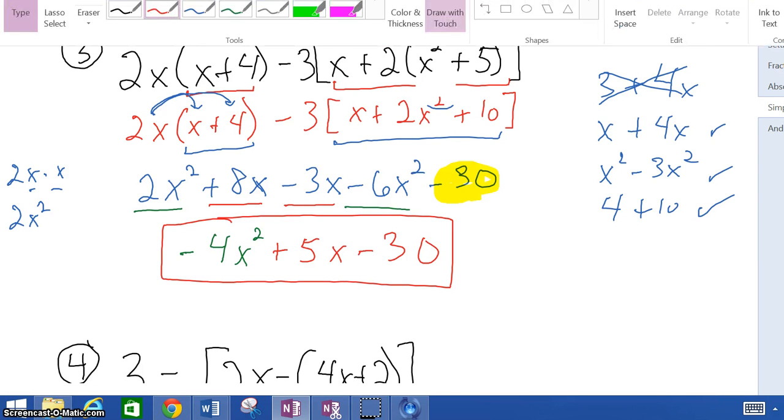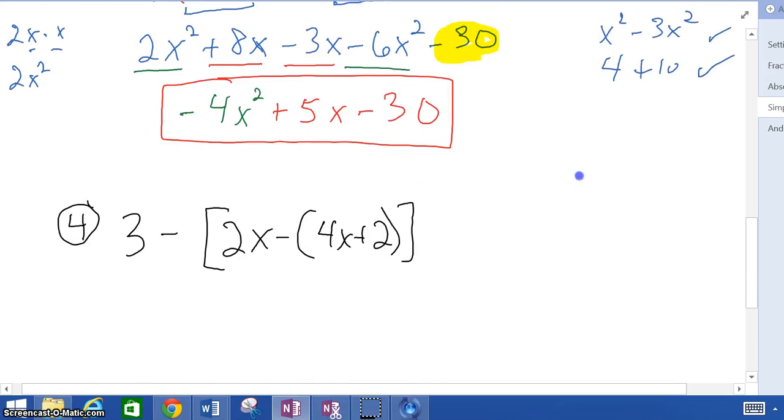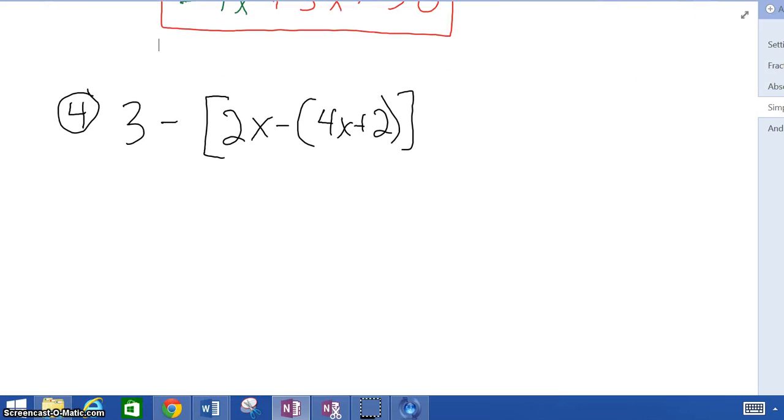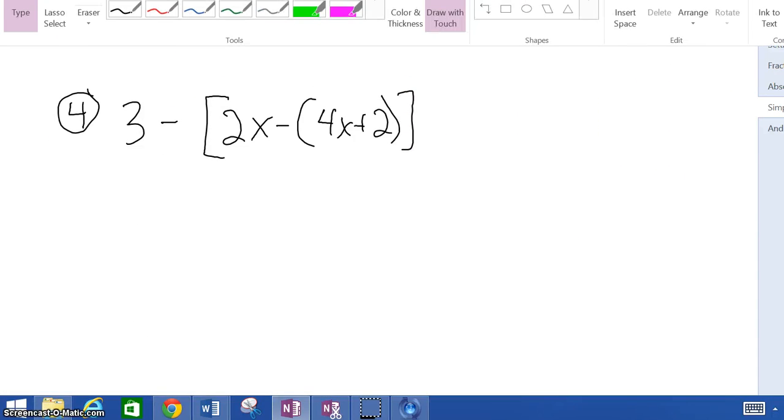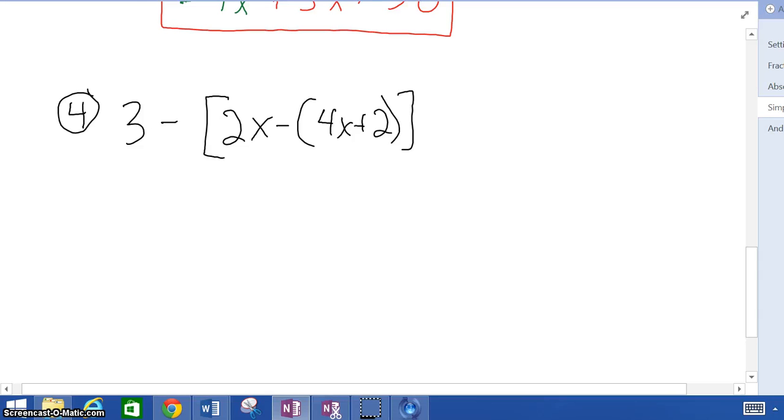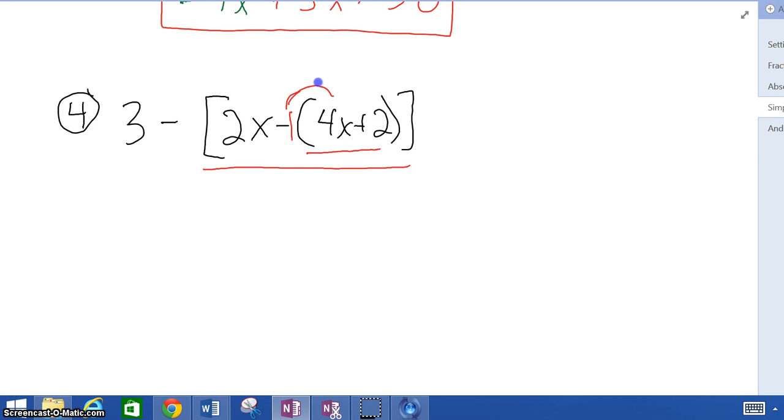Okay, let's try another one with variables. Here's another one, even though it's a little simpler, it'll give you good practice. So now I'm looking inside this set of parentheses, no like terms. So I look out to this set, in which case I'm distributing a negative 1.